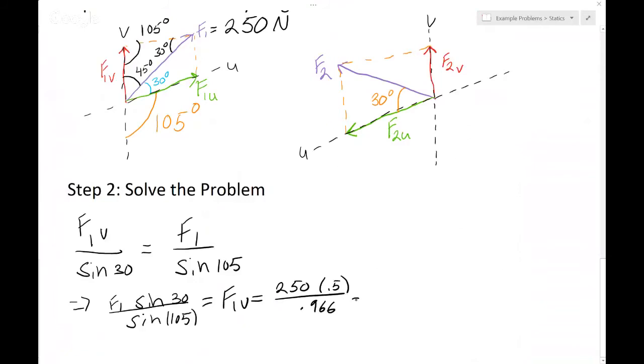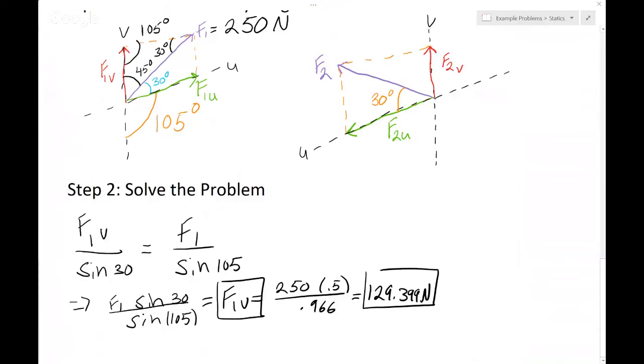And this solves for 129.399 newtons of force, which is equal to our force component in the V direction for force 1.